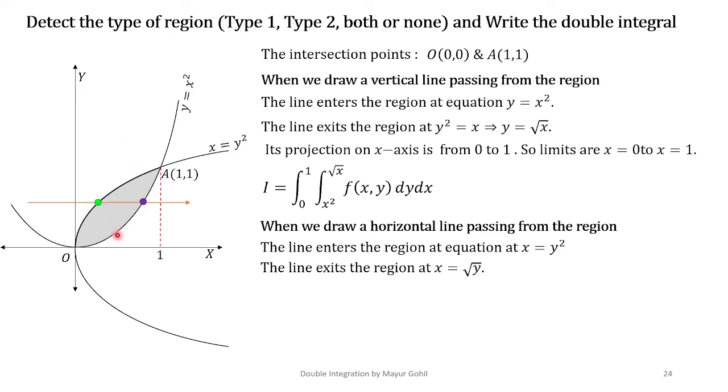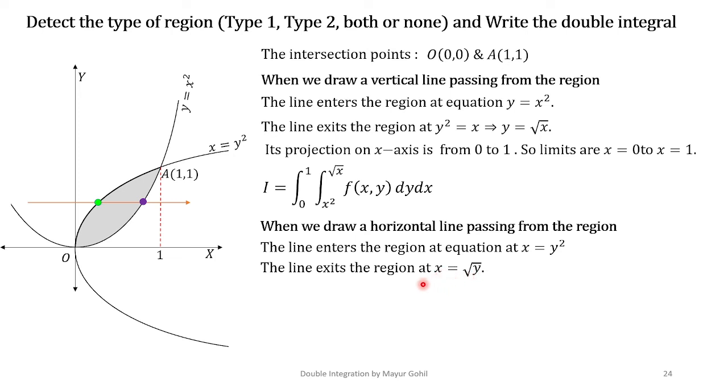Again, because we are in the first quadrant, it remains a positive square root. Here you can see that it is y equals x square. When you take the square root on the other side, it becomes plus minus root y, and we take only the positive root. That's why I have taken x equals square root of y.